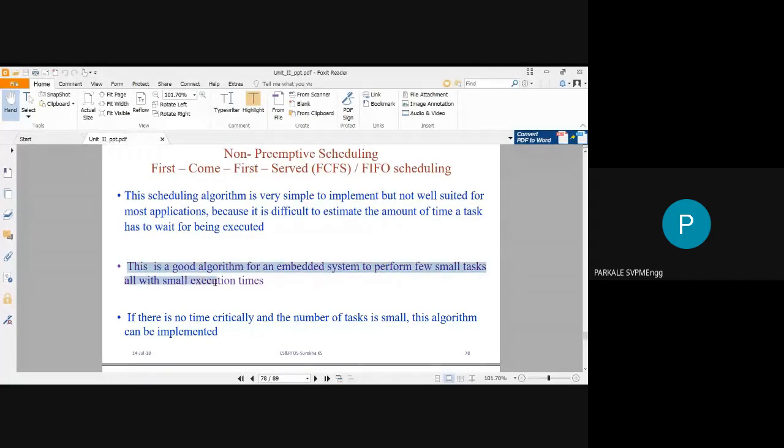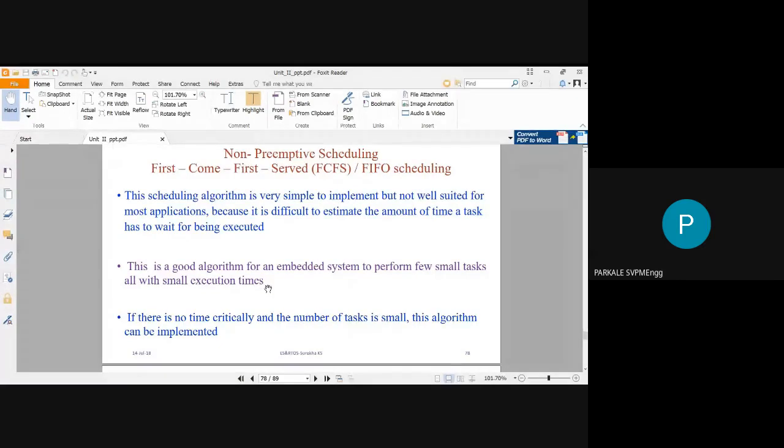Now this is a good algorithm for an embedded system to perform a few small tasks, all with small execution times. This is also very important: what is the selection criteria of your scheduling algorithm? This is one of the selection criteria of the first come first serve algorithm: if your tasks are small with small execution times.